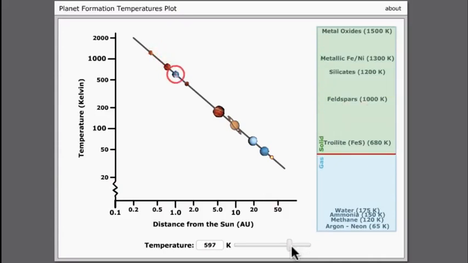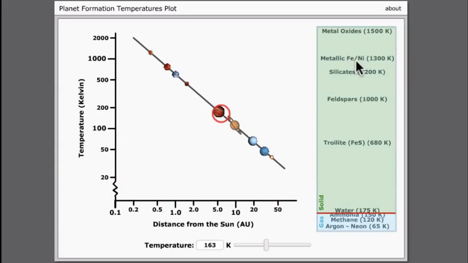Farther out, where Earth is located, other minerals made of iron and sulfur, for example, are solids, but water is still a gas. Water becomes a solid at a temperature of 175 degrees K, and the line at which water, a much more plentiful material than, say, iron or nickel, because remember that graph of abundances was declining on a logarithmic scale. Water, made up of hydrogen and oxygen, is relatively light elements.